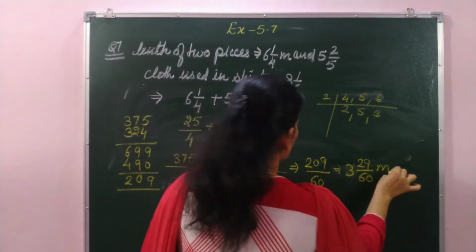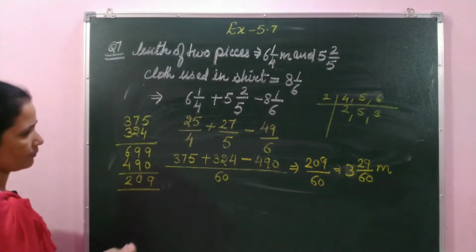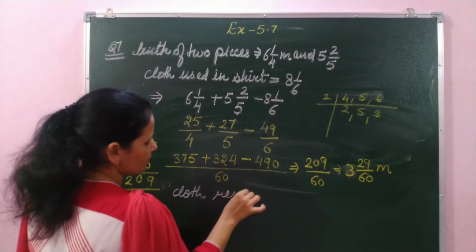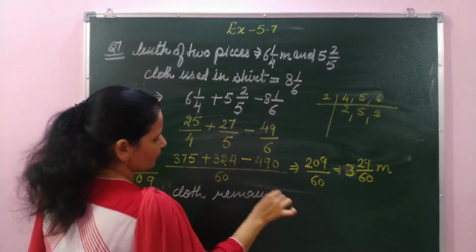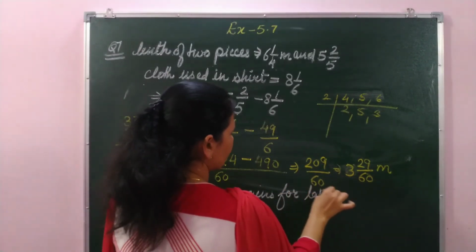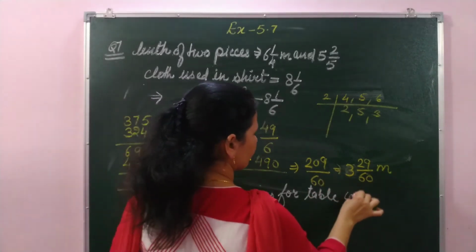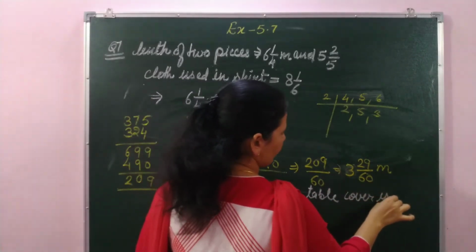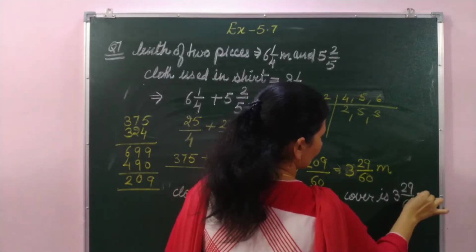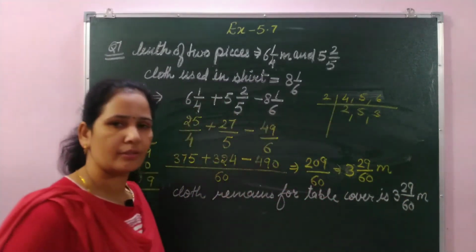Here we will write: cloth remains for table cover is 3 29 by 60 meter. Okay, students.